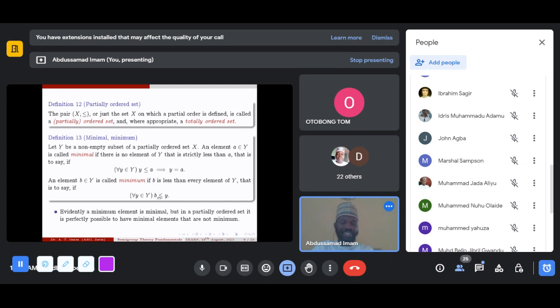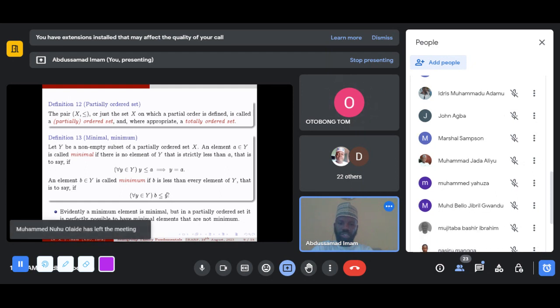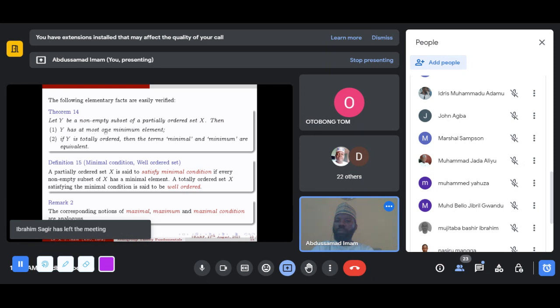If B is less than or equal to Y for all Y, and C is less than or equal to Y for all Y, then B is less than or equal to C, and C is less than or equal to B, which implies B and C are the same. So you cannot have more than one minimum element in a partially ordered set.